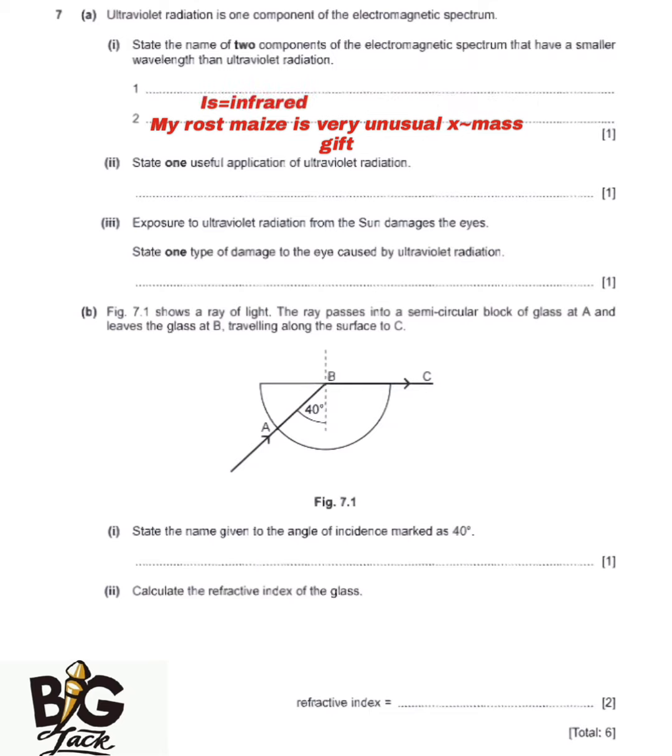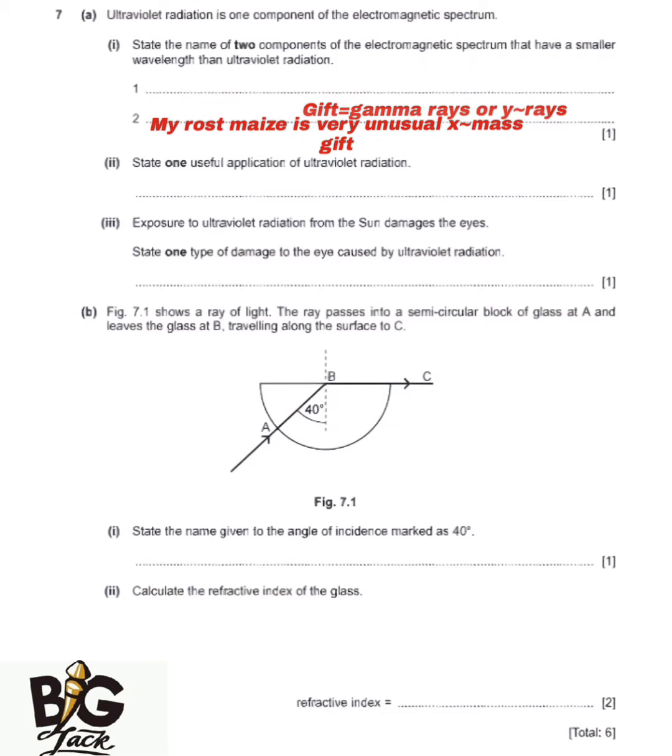Then as for V, it is visible light. Then as for unusual, it is ultraviolet, which is the same one. Then as for X-mas, it is X-ray. Then as for gift, it is gamma rays.